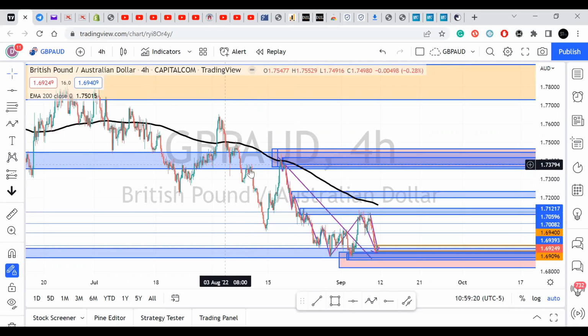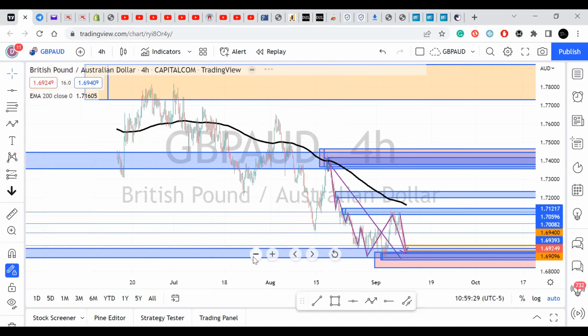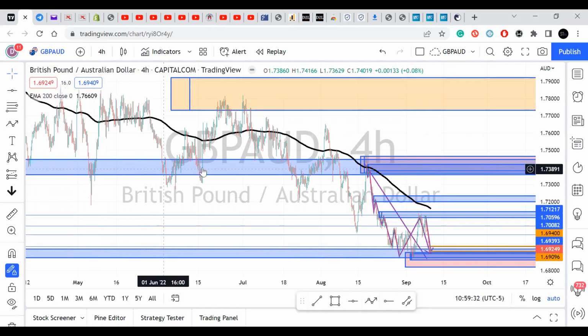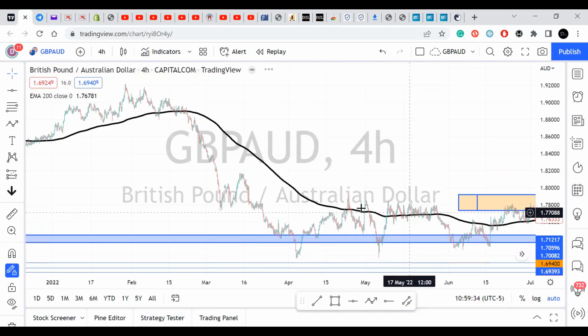See how that structure is being respected. Like here, when price came up all the way here, see how price was reacting along that zone.